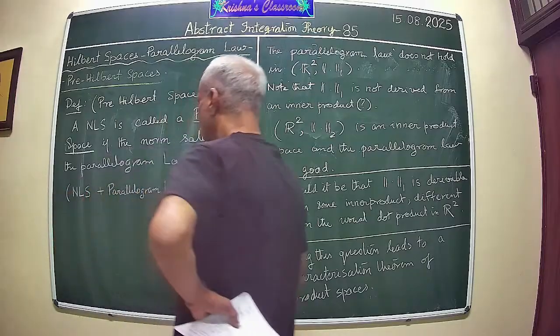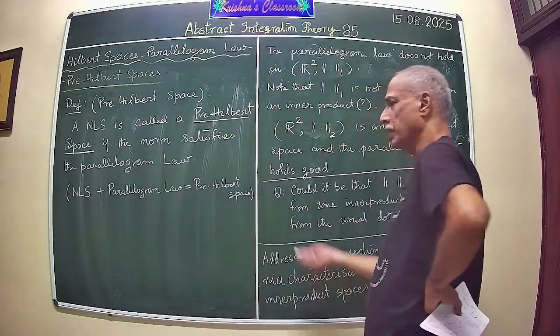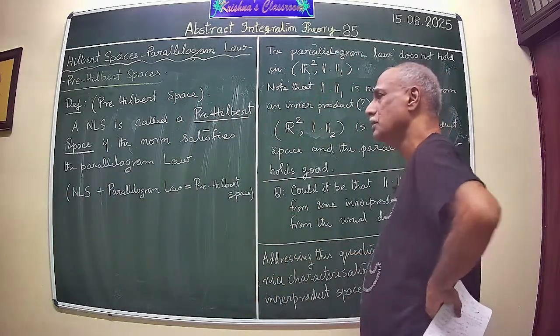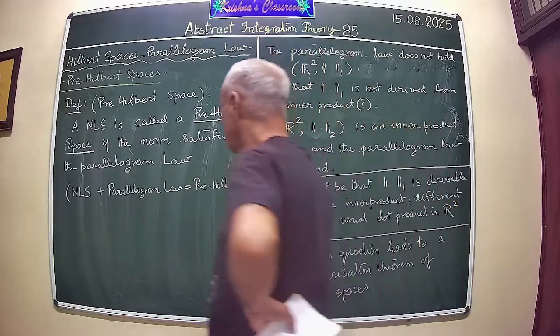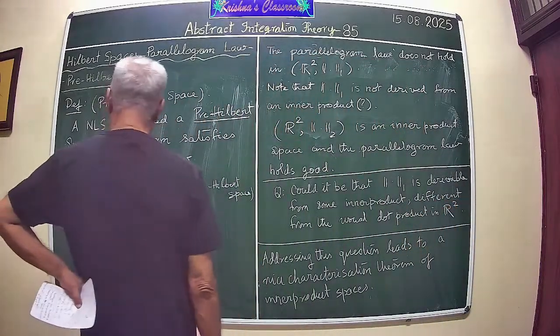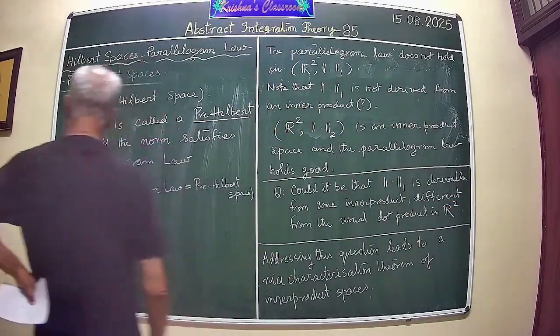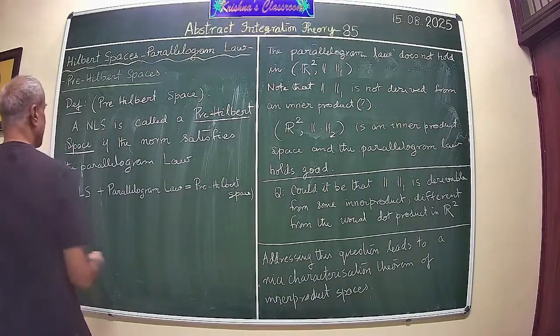It's just one step short of becoming a Hilbert space. So all that you need is to complete the space, then you get a Hilbert space. Okay, so that's one definition. And of course, inner product space you already know.